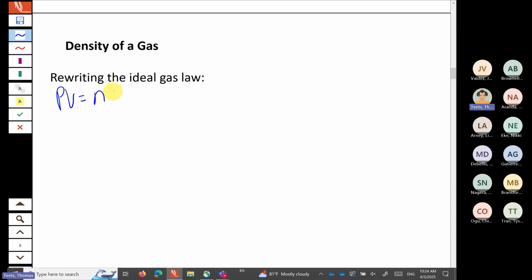So again, this is an equation of state for a gas. So it's really the one unifying equation that we need to describe just about everything. But if we want to have density involved with this, remember that density here is mass over volume. This equation here has the volume in it, but doesn't have anything about mass. But if you recall stuff that we learned back in chapter 5, the number of moles here can be rewritten as the mass divided by the molecular weight or the molar mass.